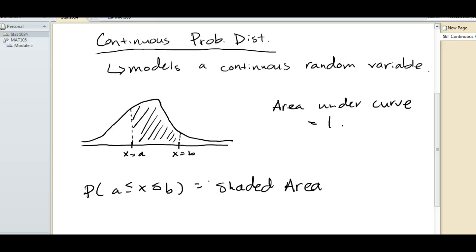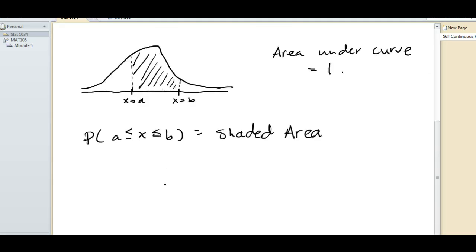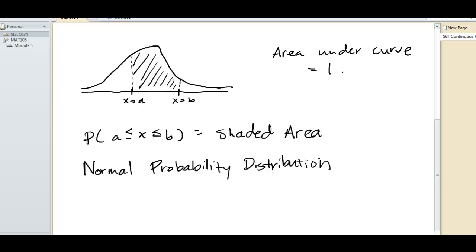So that's kind of where the normal distribution comes in. The normal probability distribution is a specific case of one of these, and it's really the most important one. We'll see in the next chapter that whenever we take sampling distributions, the distribution that we create out of even a possibly non-normal distribution will behave normally.